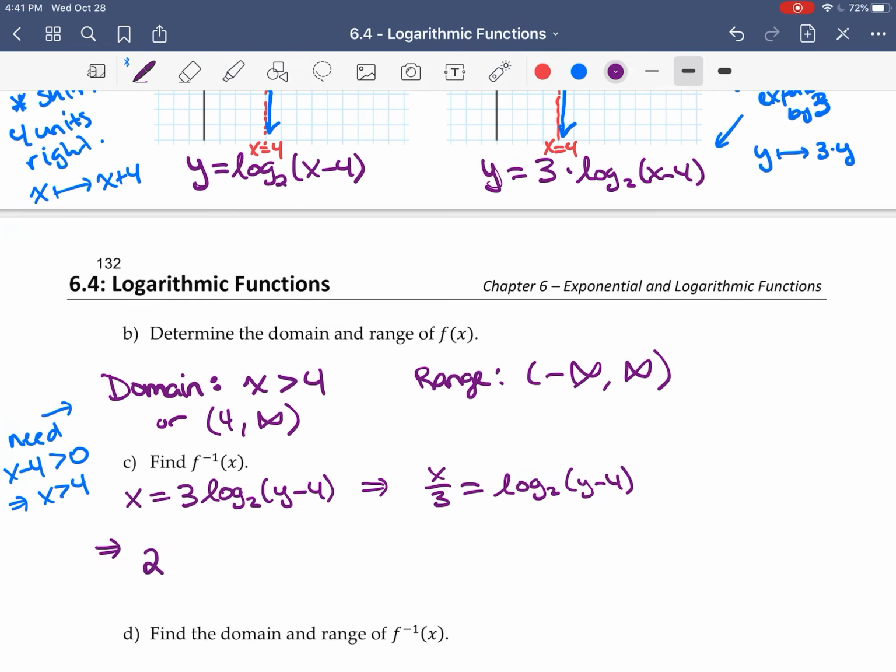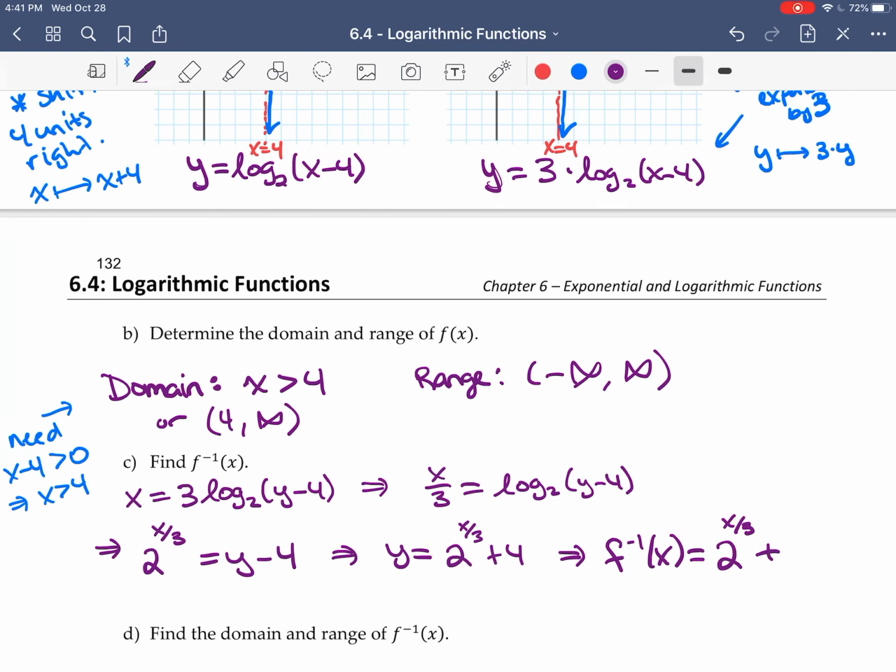So it's going to be 2 to the power x over 3 is equal to y minus 4. Then if I add 4 to both sides, y is the exponential 2 to the x over 3 plus 4. So that is our inverse graph. So f inverse of x here is 2 to the power x over 3 plus 4.